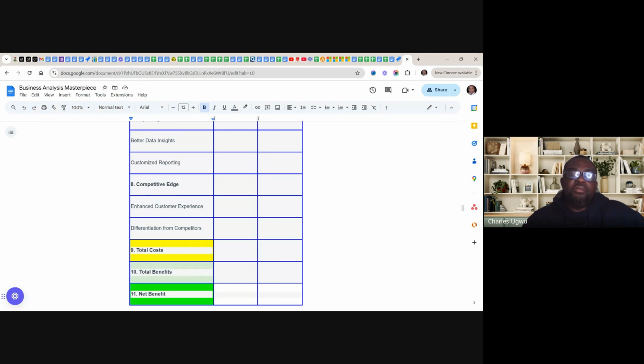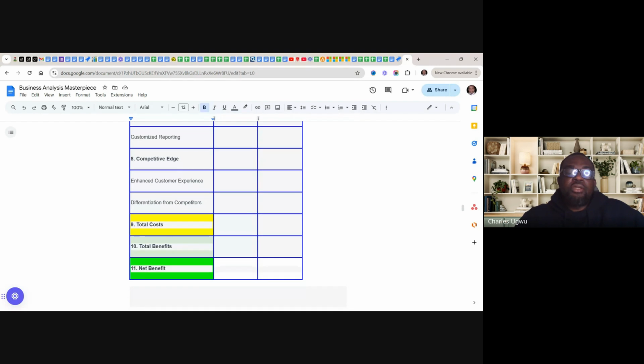column is the benefit. So you capture it, and you subtract the cost from the benefit. Once you subtract the cost from the total benefit and we still have change, then it means that it's viable.